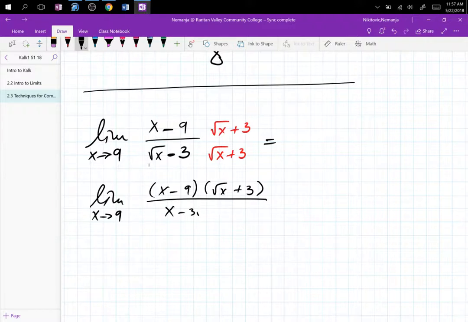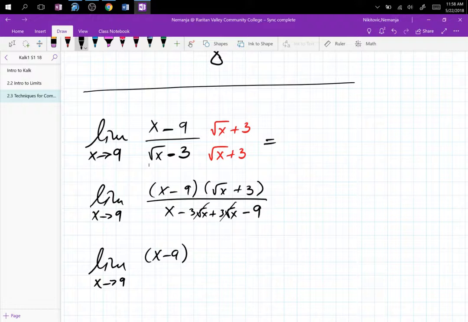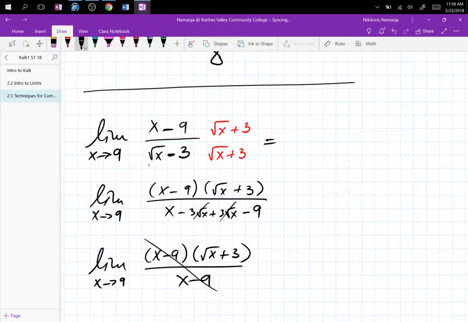And then you have minus 3 root x plus 3 root x, that cancels. And then negative 3 times positive 3 is negative 9. So I hope you see what you got. This is why I didn't multiply in the numerator. I have x minus 9 in the denominator. That cancels.